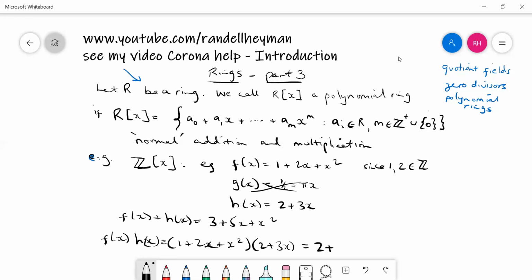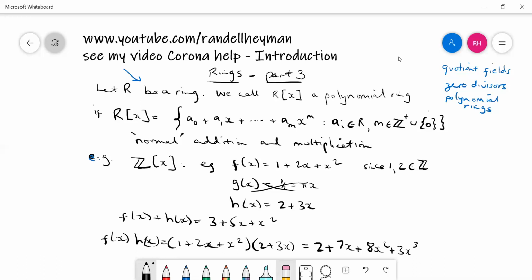We've got 4x plus 3x, I suppose that's 7x. We've got 2x squared plus 6x squared, I suppose it's 8x squared. And then we've got 3x cubed. So that's your garden vanilla polynomial ring, or ring of polynomials, it's often called.